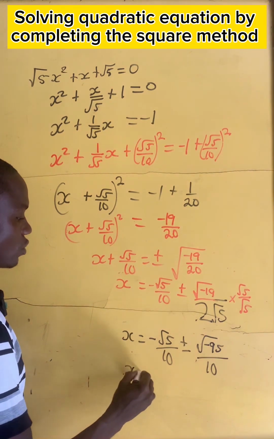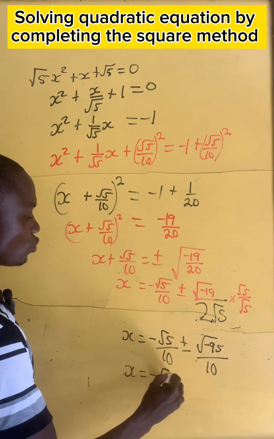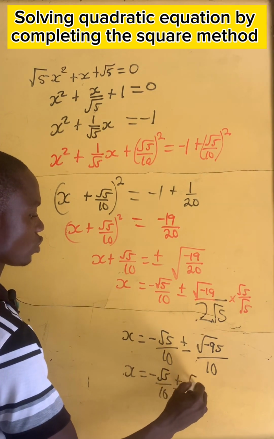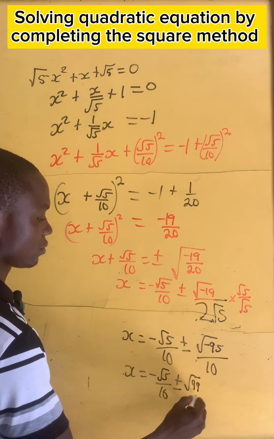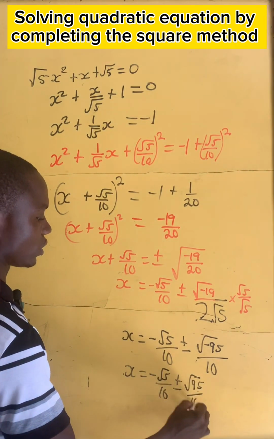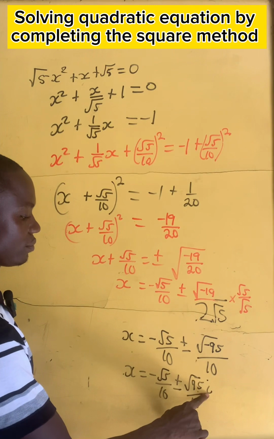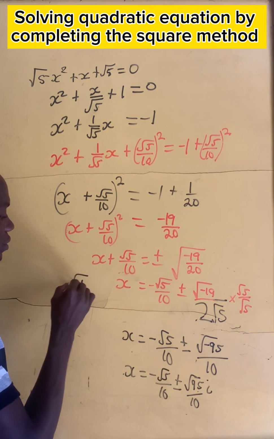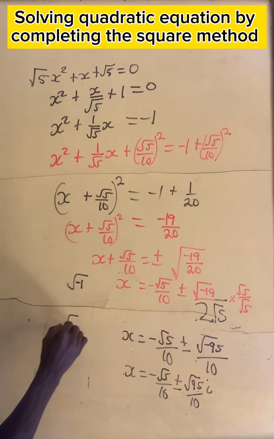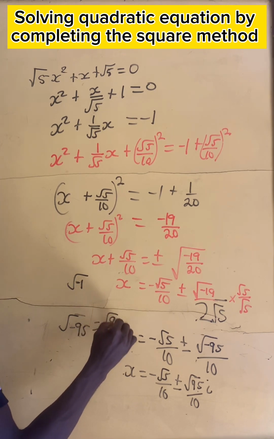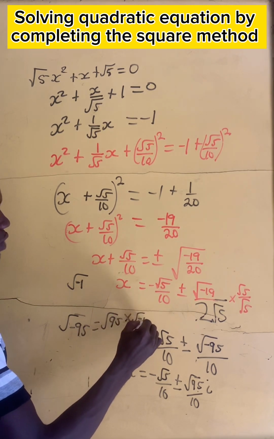So we have x equal to negative root 5 on 10 plus or minus the square root of 95 on 10, then we bring here i. i simply means the square root of -1. So the square root of 95 is the same as the square root of 95 times the square root of -1.